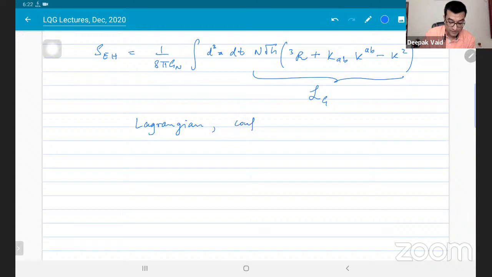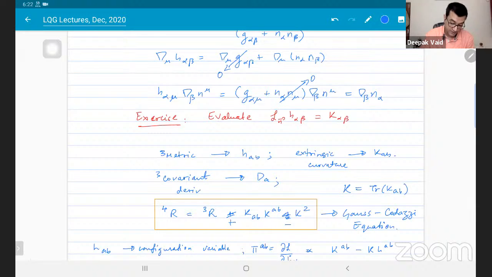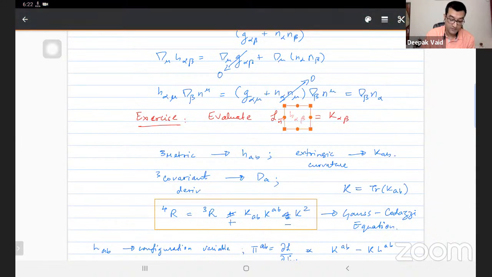So as our configuration variable, we will choose the 3-metric. Okay.